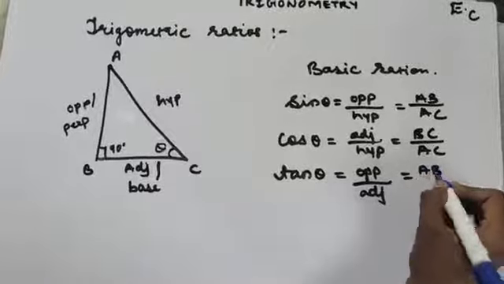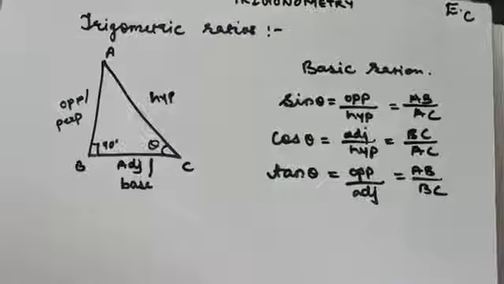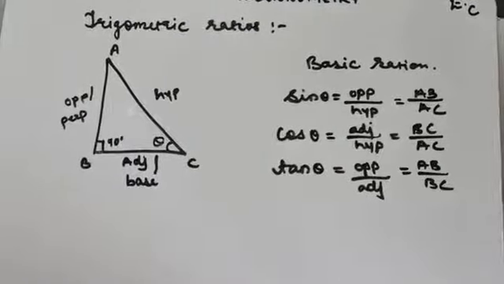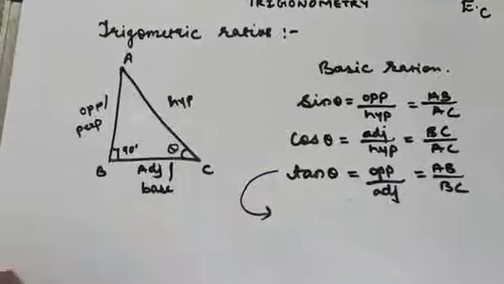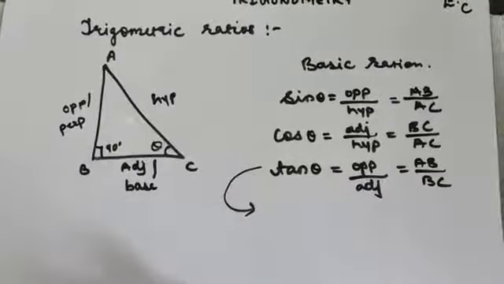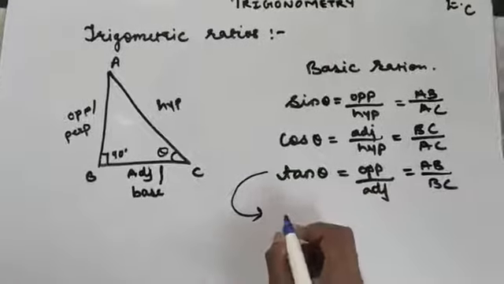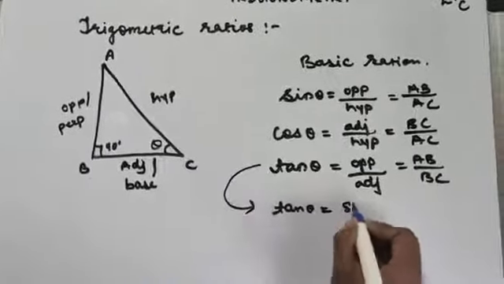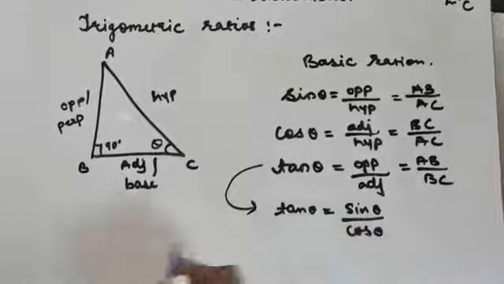So AB upon BC. So students, have you understood the basic trigonometric ratios? Well, have you noticed tan theta is opposite side upon adjacent side. So tan theta is basically the ratio of sine theta upon cos theta. Why?